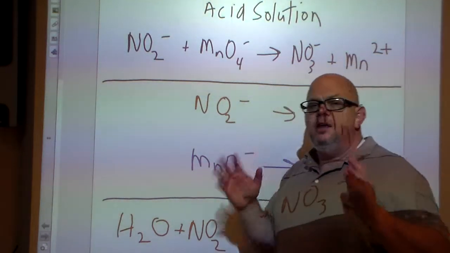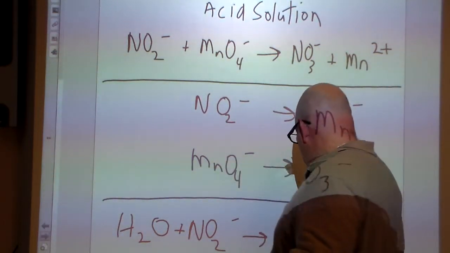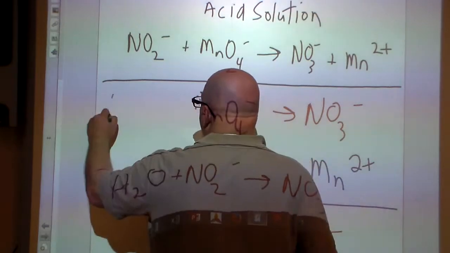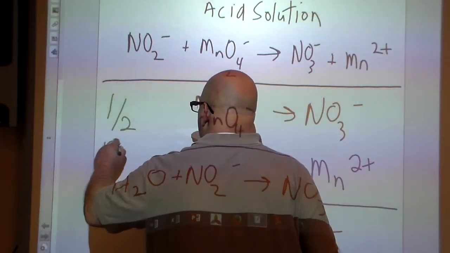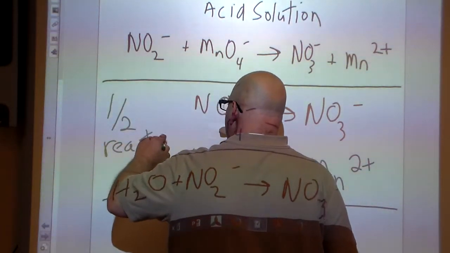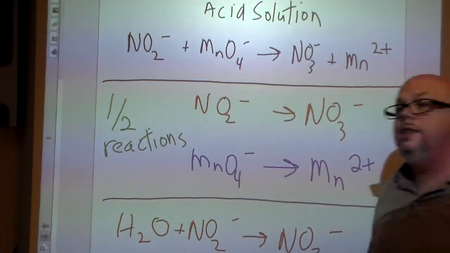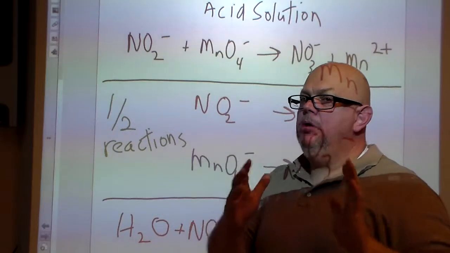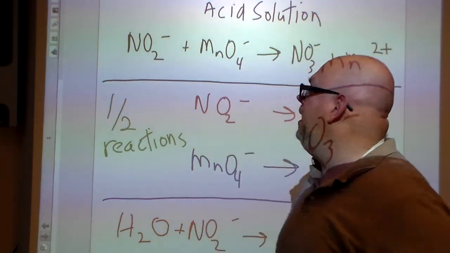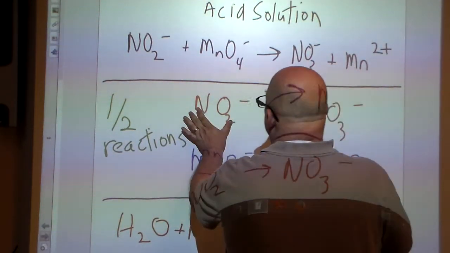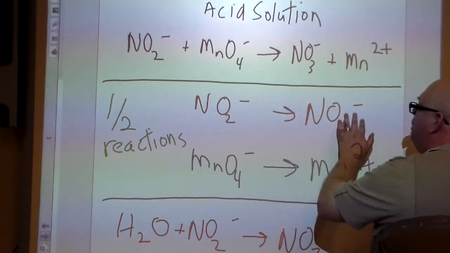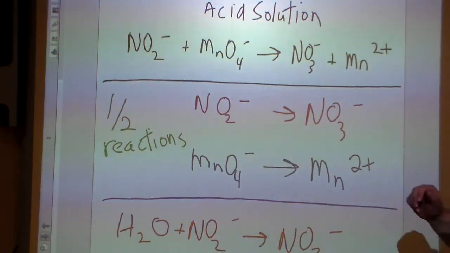So we need to break it down into half reactions. Well, wait a minute. What do you mean by half reactions? Well, the idea about the half reactions, we're only focusing on the part of the reactant and the part of the product that are directly related. So for example, NO2 minus goes into NO3 minus. Now, what in the world's happened?